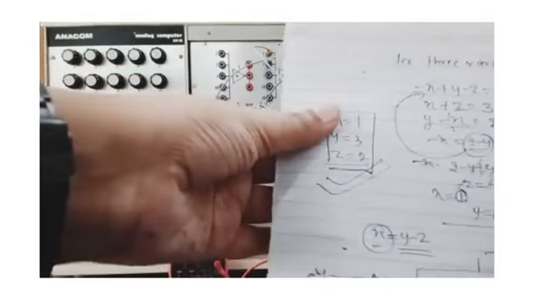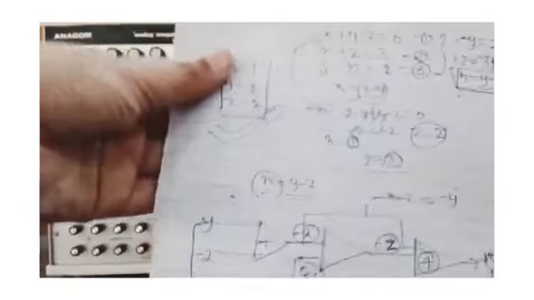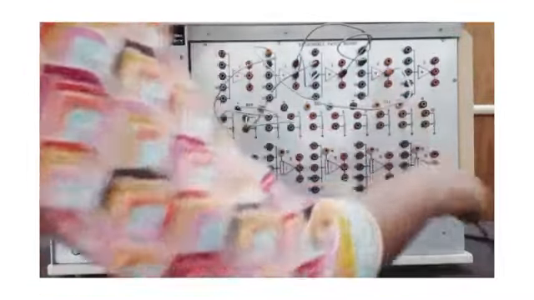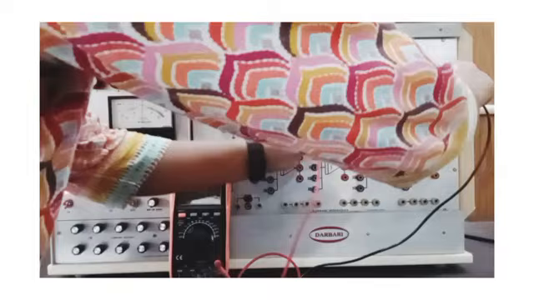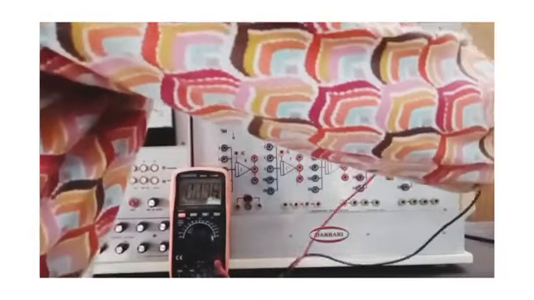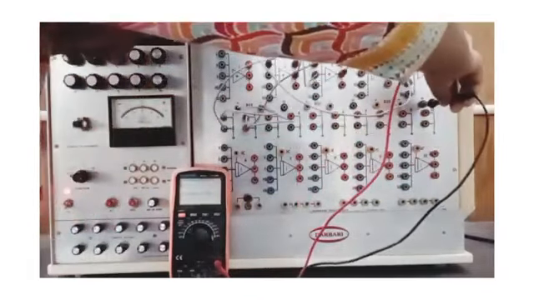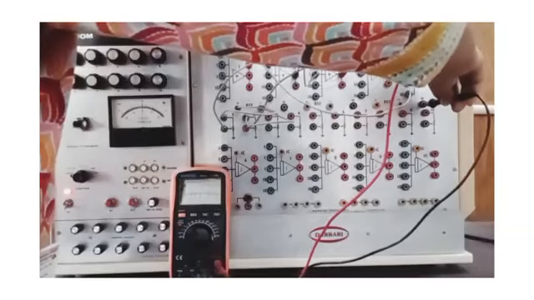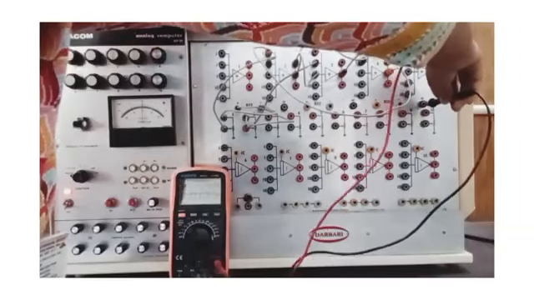Let's see if we are getting these values or not. Here I have y. I should get 3, and it's 3.039, so it's almost the same.